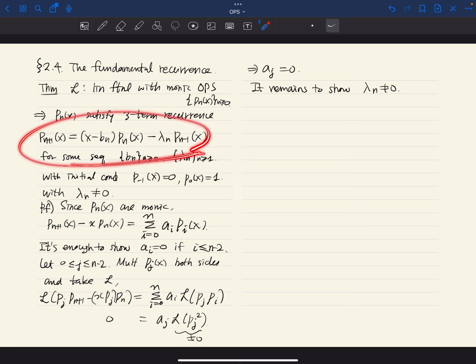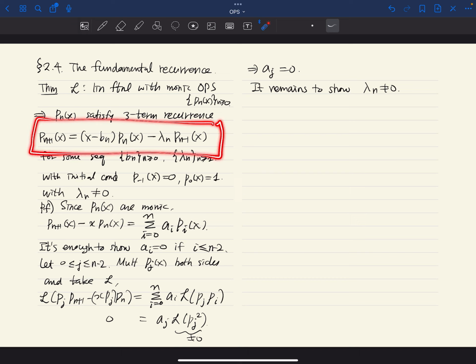Now we have already proved this, so we can now assume this. Our goal is now to prove that lambda n is non-zero. To do this, again, we will manipulate this identity.